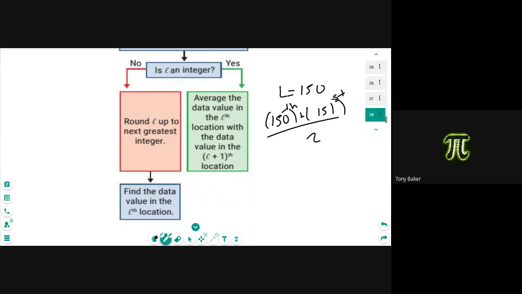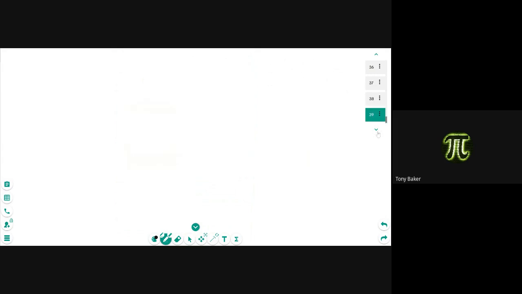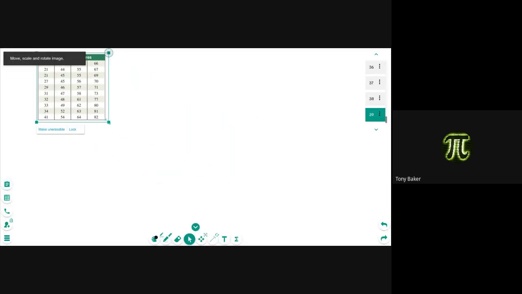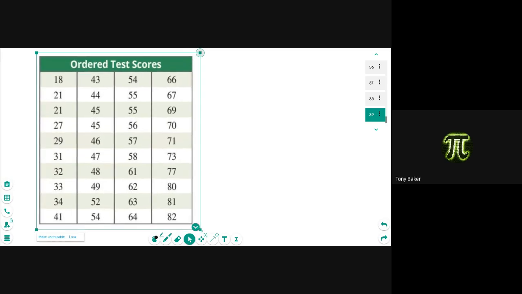All right, now let's do it with actual numbers. I'm giving them to you in order, so you don't have to put them in order. Let's find the 10th percentile.